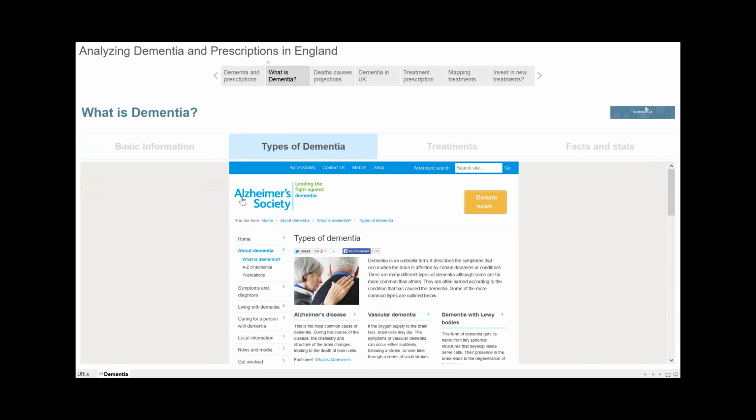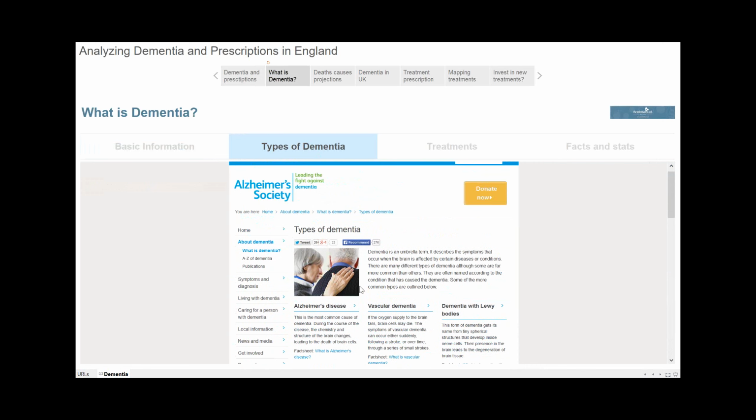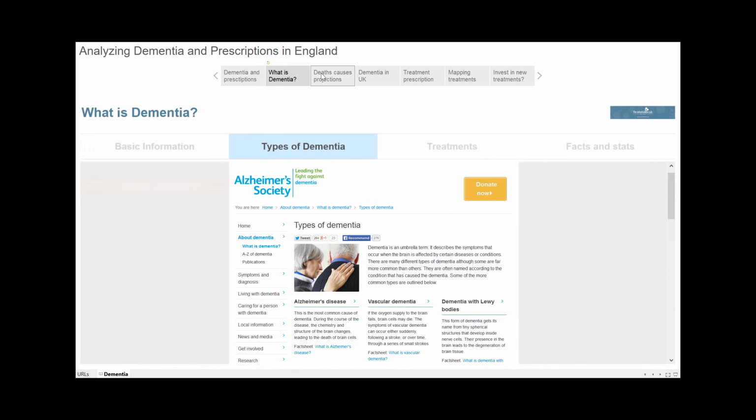So if anyone, when I upload it to Tableau Public, has any doubts or doesn't know much about dementia, they can directly in the dashboard have a little bit more information with the types of dementia that exist, etc.